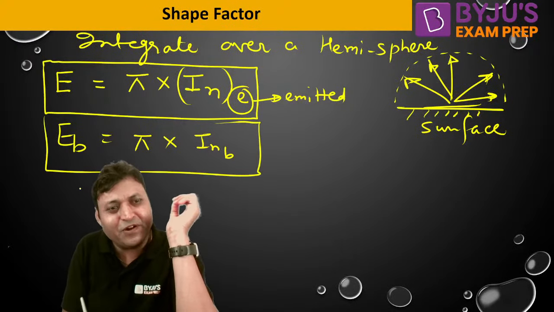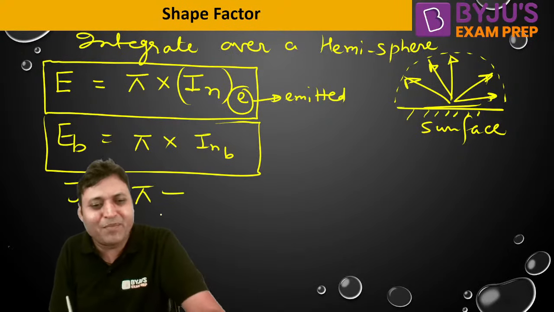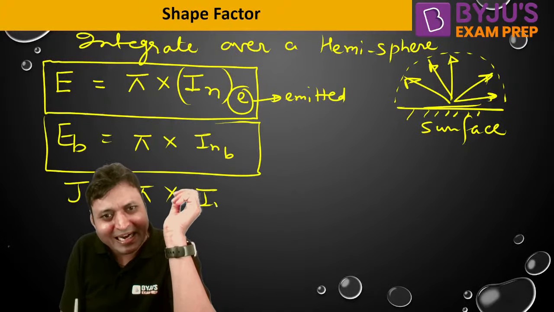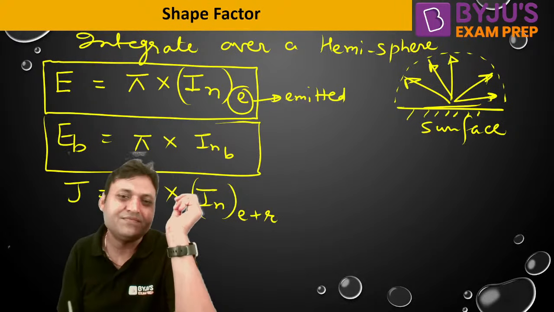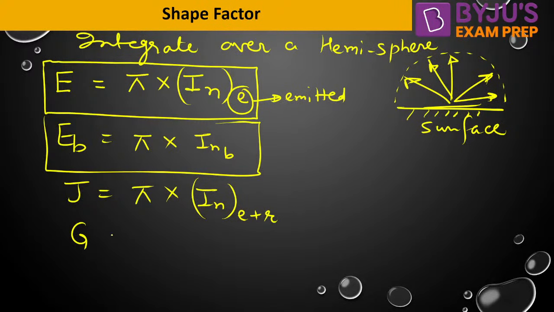If we want to find out the total radiosity, then also pi multiplied by intensity for emitted plus reflected. And we can also define the total insolation, that is pi multiplied by I_i for incident radiation, I for incident.